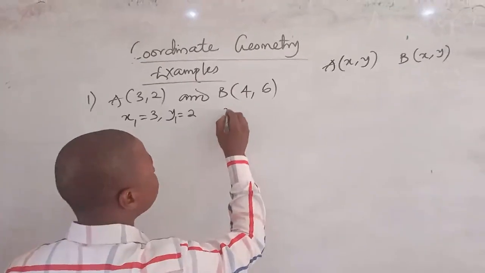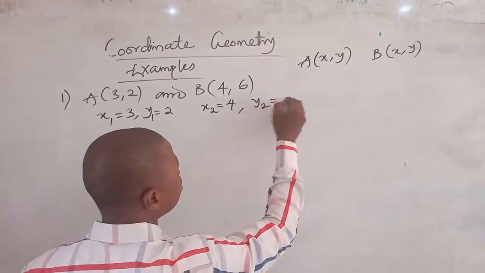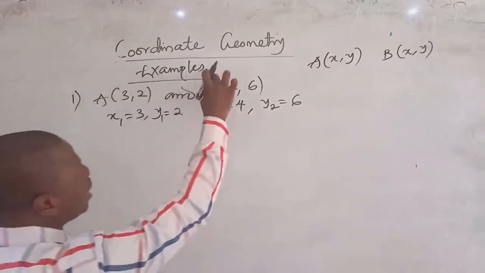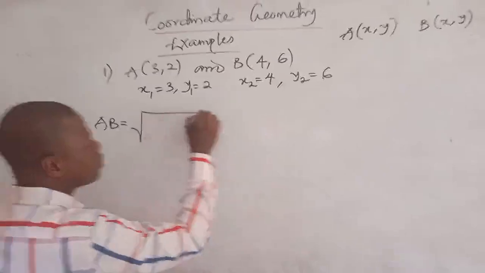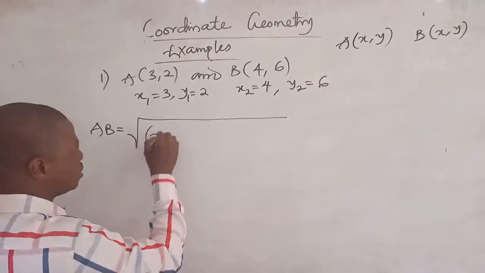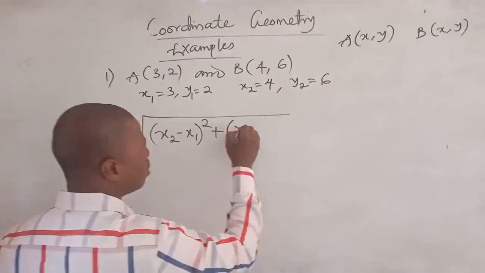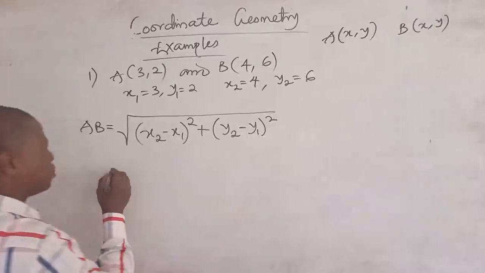Then x2 is 4 and y2 is 6. To find the distance between A and B, we have square root of x2 minus x1 all squared plus y2 minus y1 all squared.